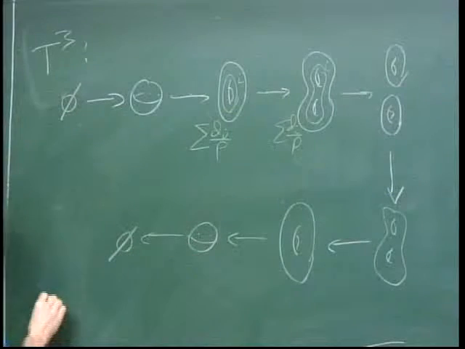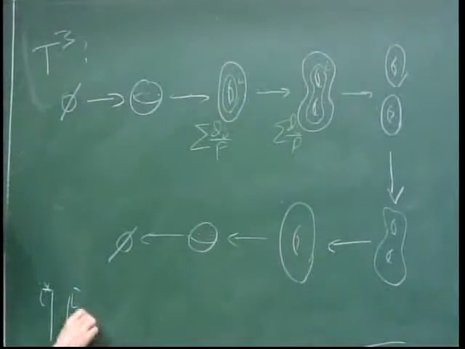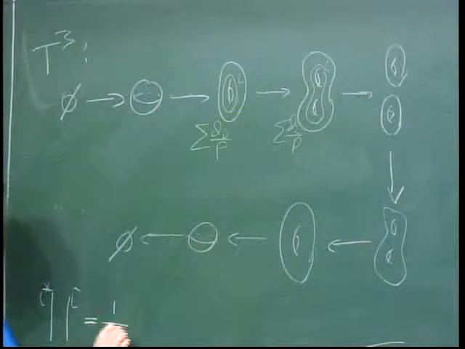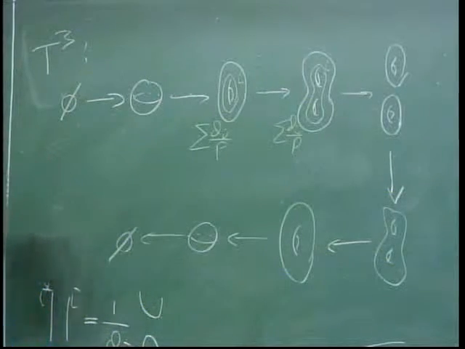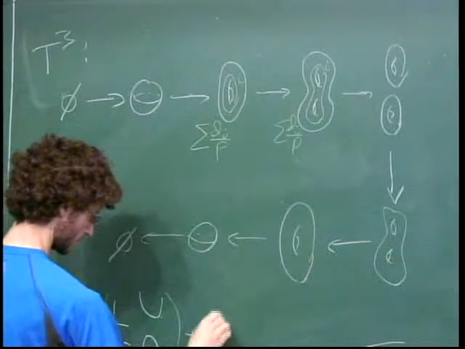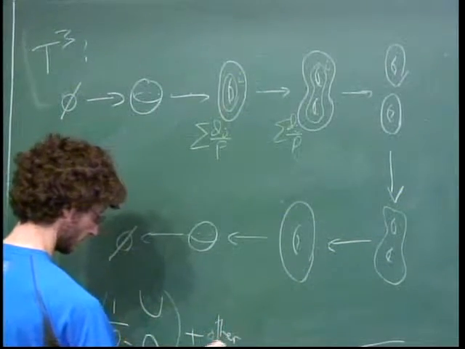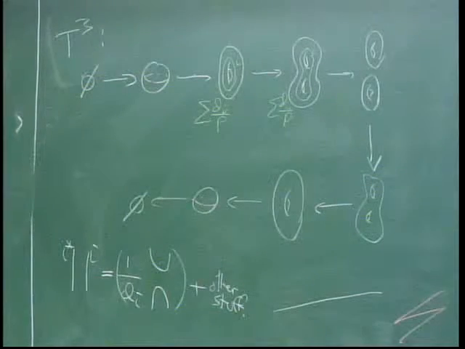So this is just a little side computation, which is that if we have I star I, we can write this as 1 over the dimension of I times the cup and the cap, plus some other stuff that doesn't factor through the unit object.